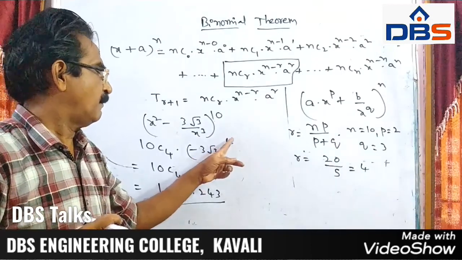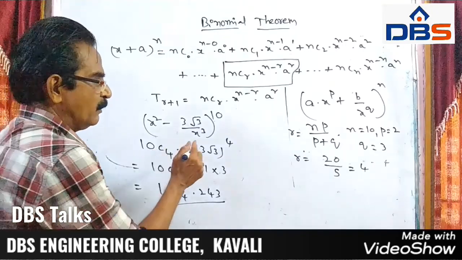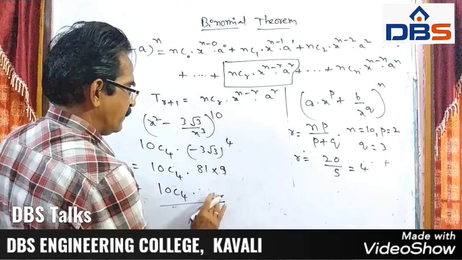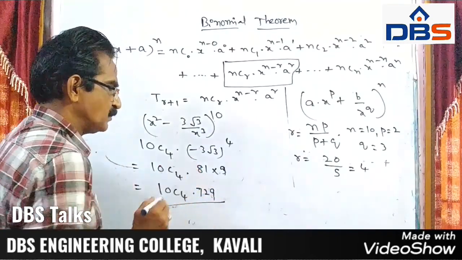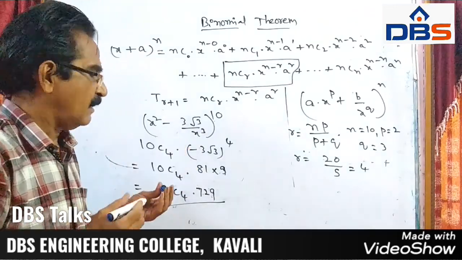Minus 3 whole power 4 is 81. Root 3 whole power 4 is root 3 into root 3, 3, into 3, 9. 9 ones are 9, 9 eights are 72. 729 into 10C4. This is your answer, friends.